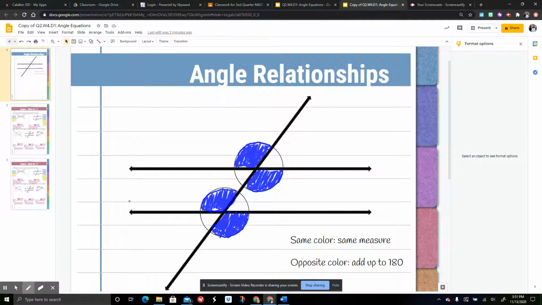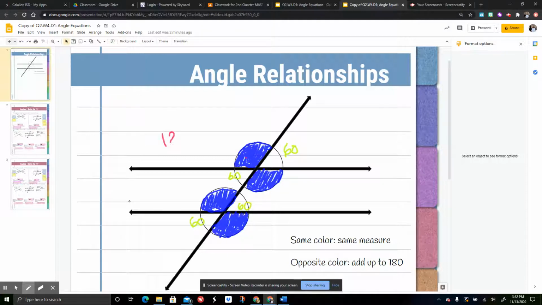So I said if this angle was 60, then all of the angles that are shaded the same would be 60. And then remember I said the opposite color adds up to 180 degrees. So because this angle is 60 right here, and this one is shaded and this one is not, they're opposite in color.